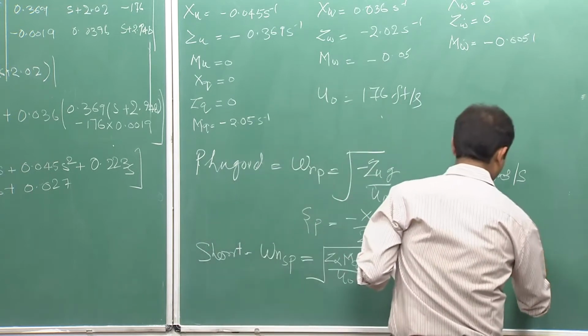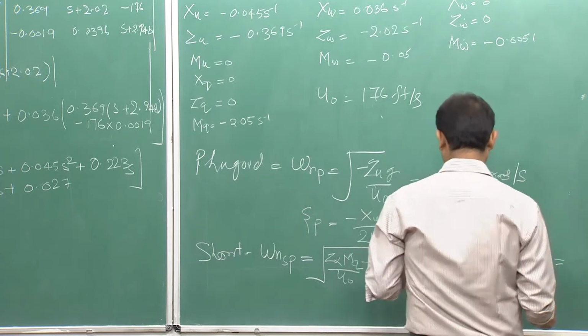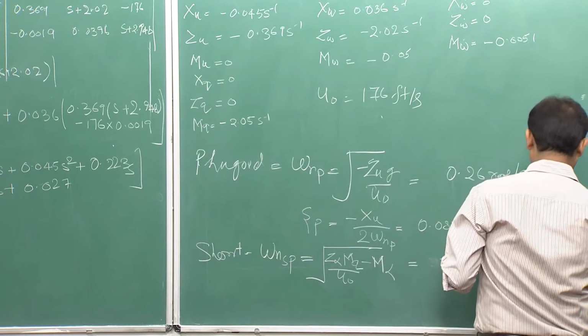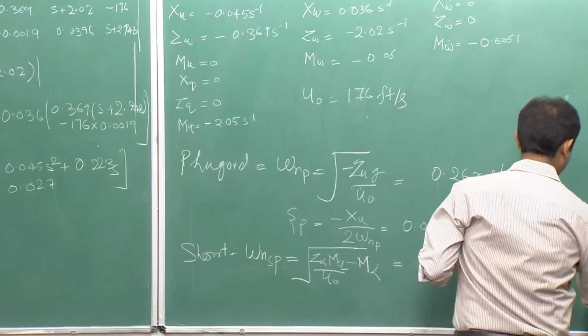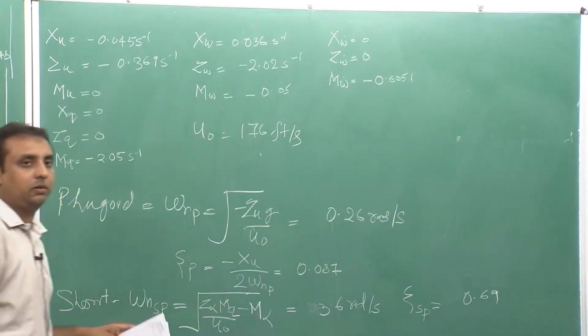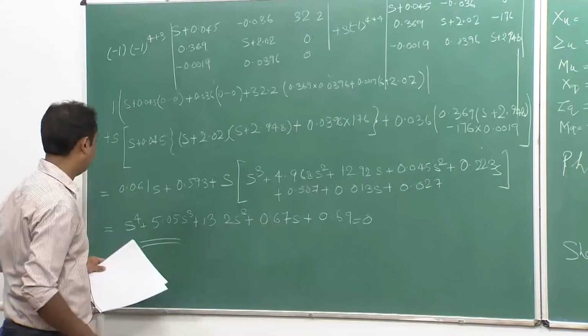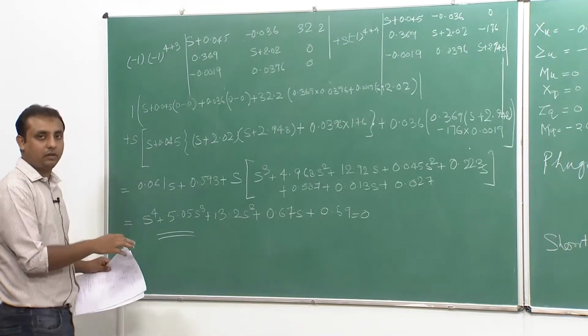And similarly, zeta for short period mode will be 0.69. I am not doing the calculation, just you have to substitute this value in the formula and you will get that value. Okay. And the characteristic root for this equation will be, I will show how to derive this afterwards.